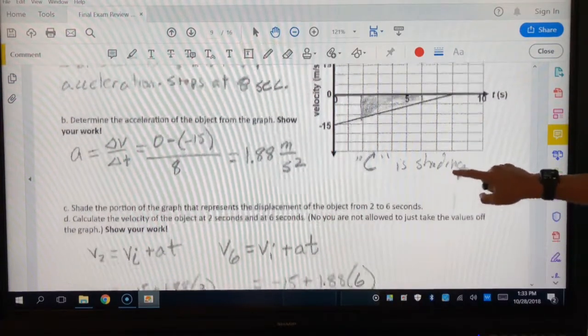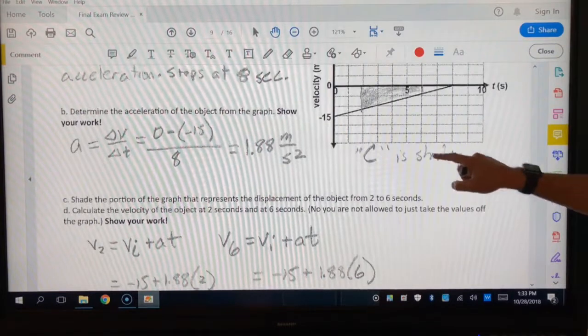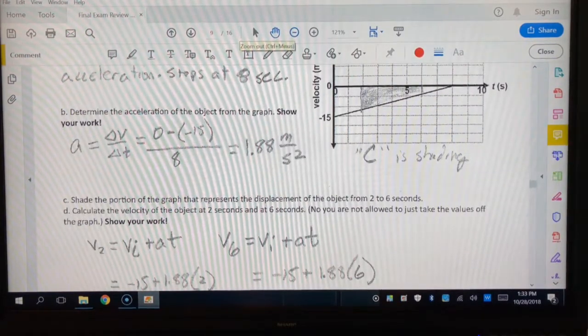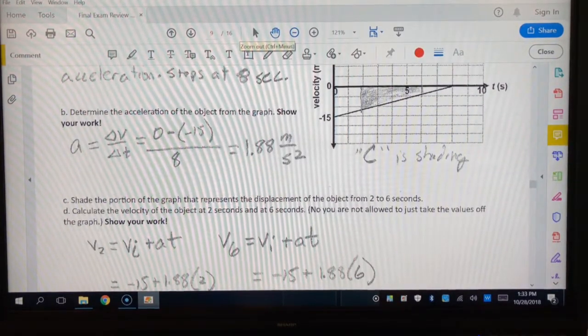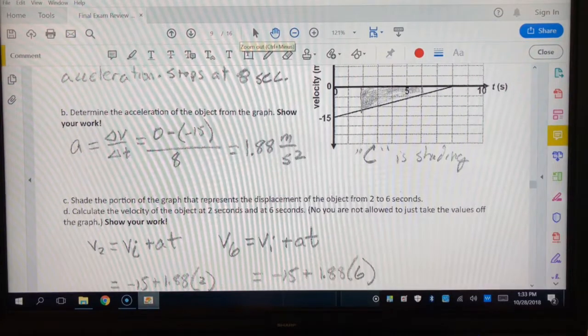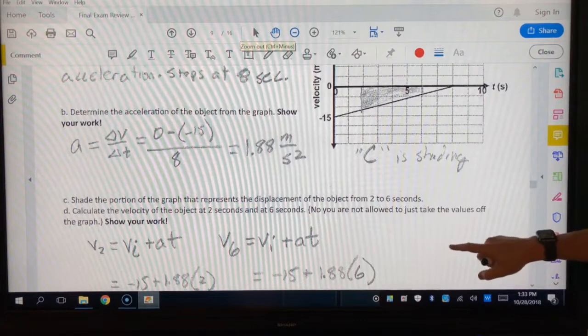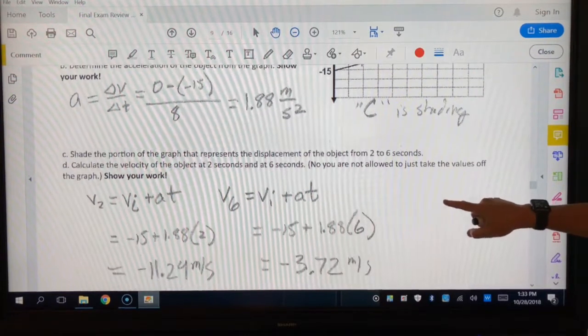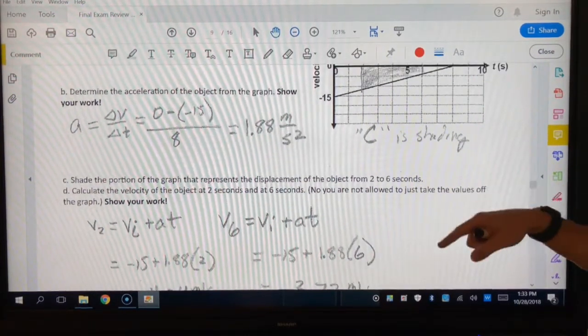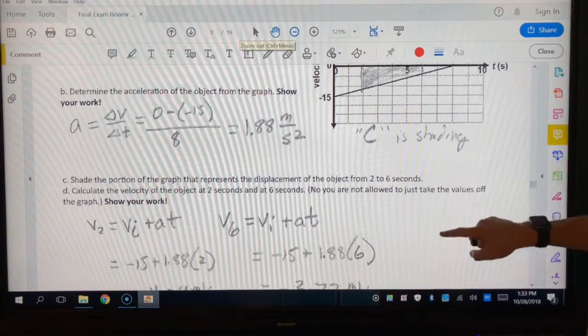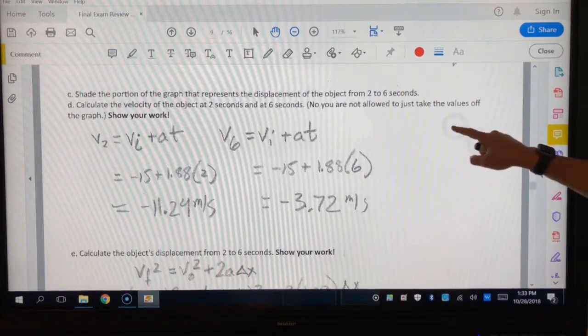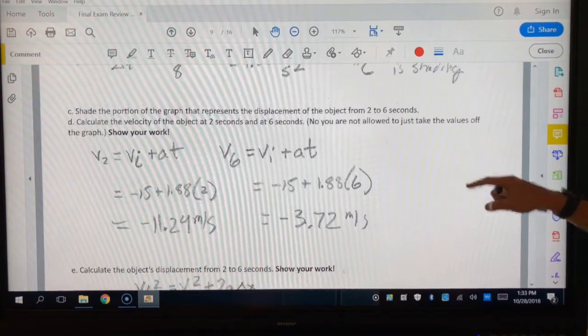They want us to shade the portion of the graph that represents the displacement. So I've done that. And then we have to find out what is the velocity of the object at 2 seconds, but you can't just take it off of the graph. So to do that, we can find the velocity at 2 seconds and at 6 seconds, and then we can find the change in those velocities.